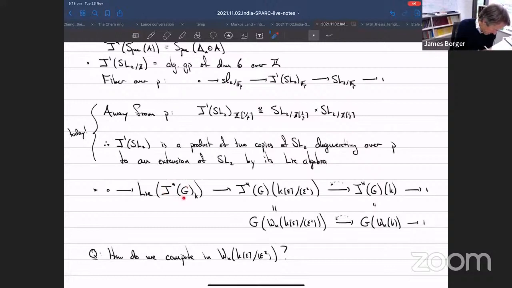You have our algebraic group Jn of G. You can base change to any larger base you like, and that's what this denotes. Its Lie algebra will be a vector space over K, and it's exactly the kernel of this map. This, if you like, is the K points of the tangent bundle of Jn of G, mapping to the original group. So it's just the fiber over the origin of that.